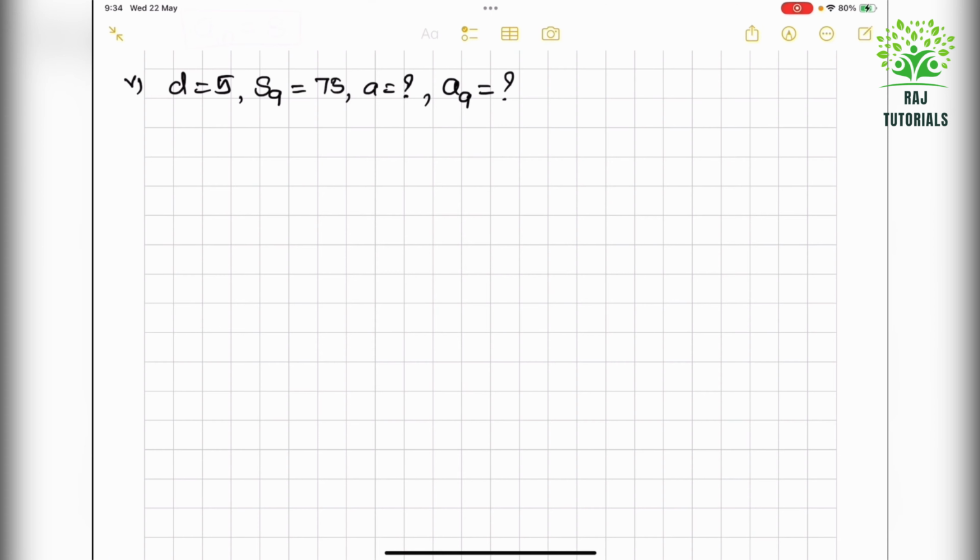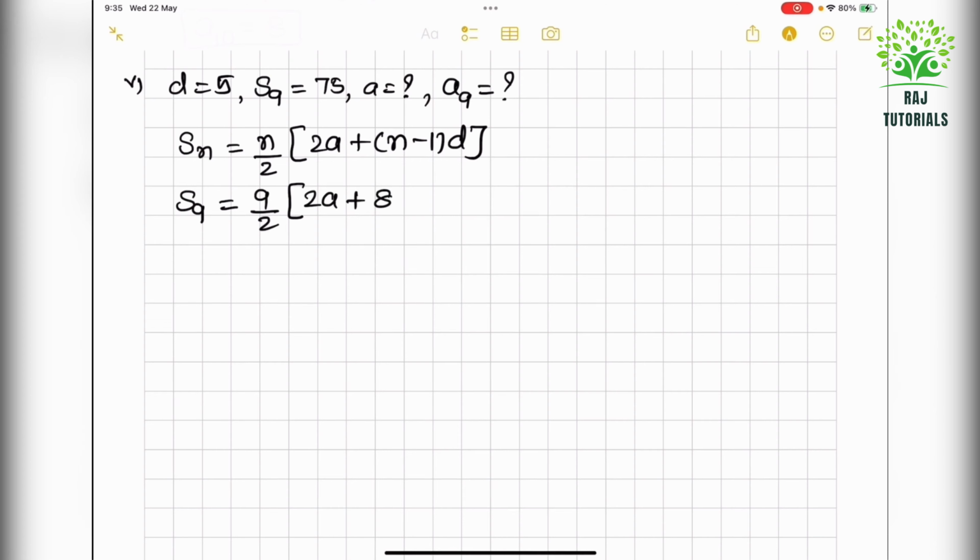S9 is 75. A9 I have to find. So I can say directly Sn equal to n by 2 into 2A plus n minus 1D. So here S9 equal to 9 by 2 into 2A plus 8D, 9 minus 1.